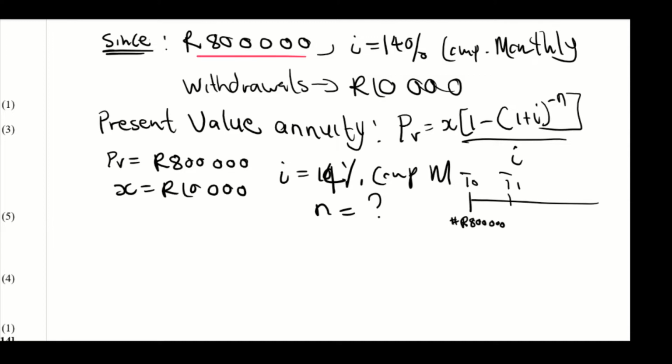And then immediately here he receives, as income, a withdrawal of 10,000 Rand. So we want to know the number of withdrawals. So we're going to say PV is equal to x into 1 minus 1 plus i to the power minus n. So let me write it nicely.